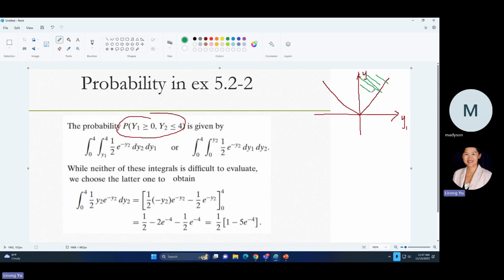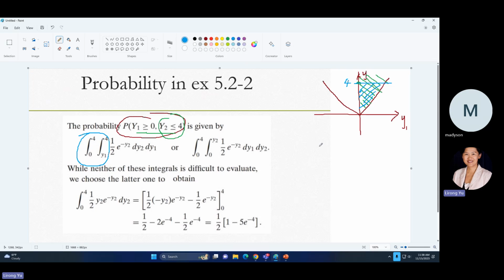Originally it was like 2, but now we want y1 to be positive. And you want y2 to be less than 4. So this is y2, and you want to find the value 4. So our integration region is over here. It's that little right triangle. And that explains why the integration region is like that.